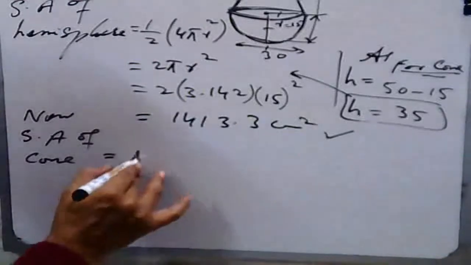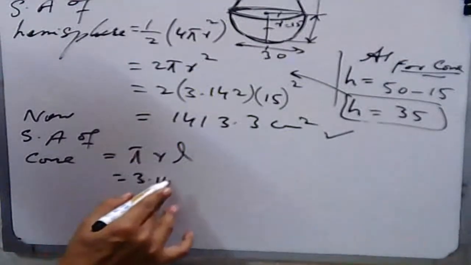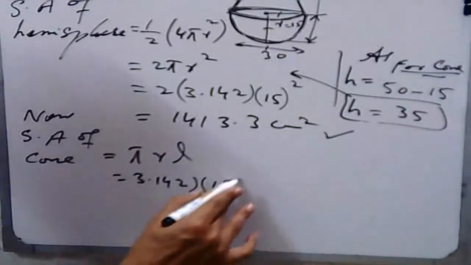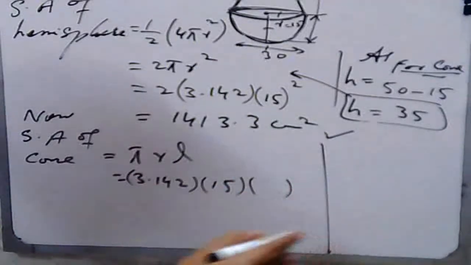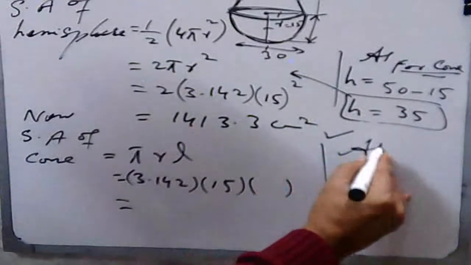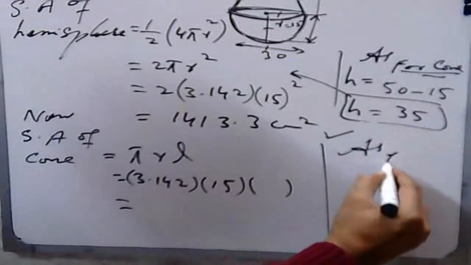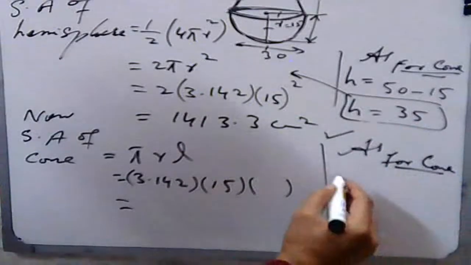The value of pi is 3.142 and r is 15, but we don't have the value of l. So what should we do? First we have to find the value of l. For cone, l is equal to the square root of h square plus r square.